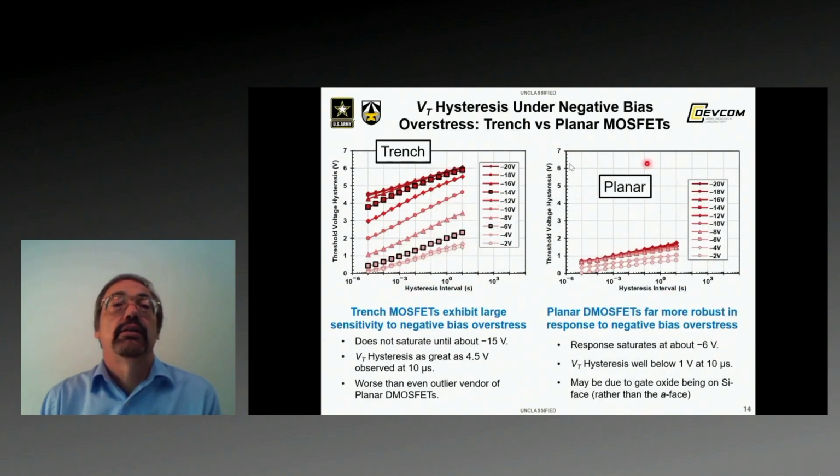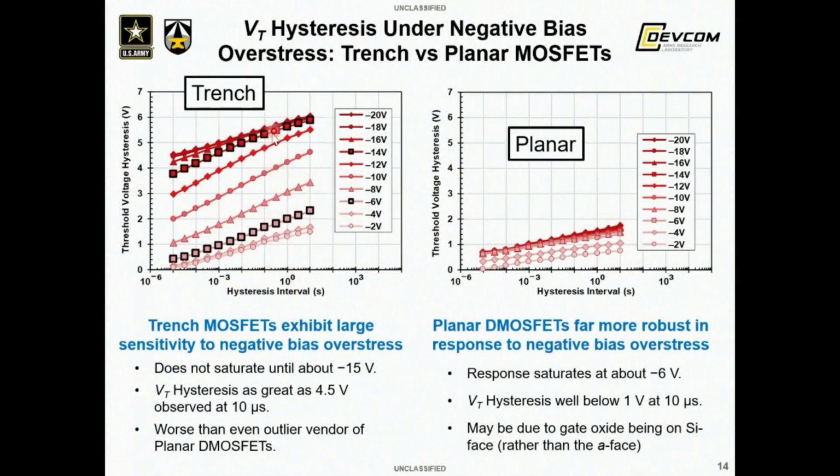So then in this next slide I'm showing a comparison of the trench device I just showed. I'm again showing the magnitude of the VT hysteresis envelope and comparing that to a planar device, again for the same range of negative bias overstress.